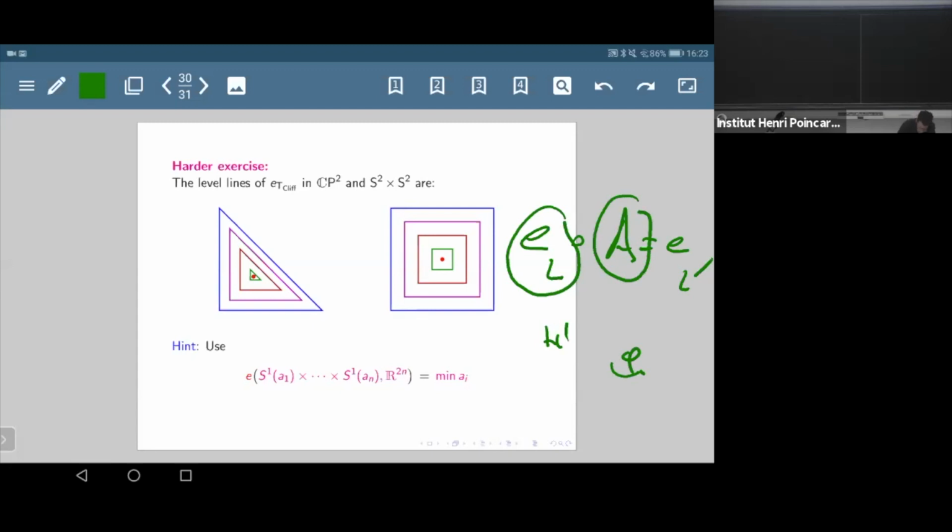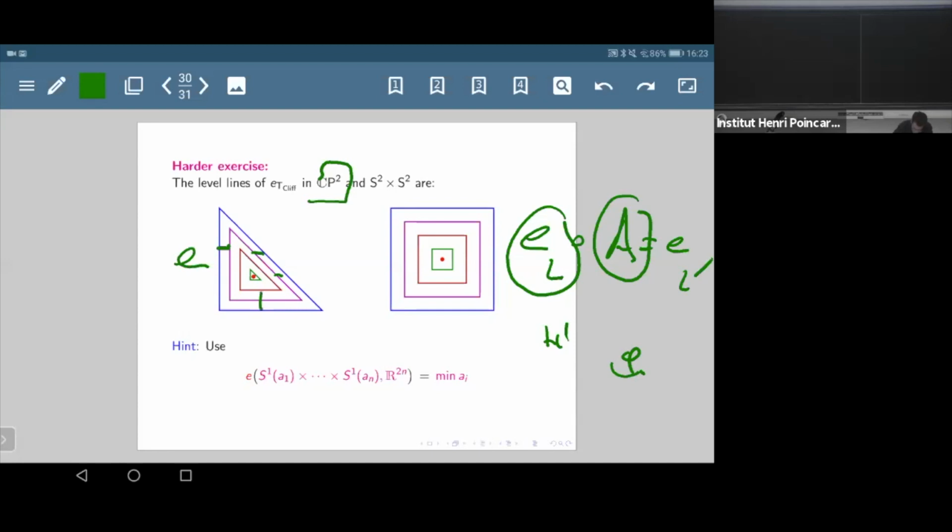So, for instance, for CP2, you immediately compute the energy displacement profile. The level lines are given by scales of the boundary, because the energy you need here is given by the distance to the boundary, the integral geometry distance, the affine distance, this length, and here this length.